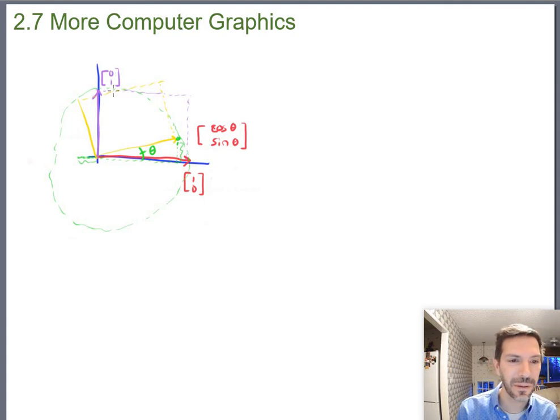So the x coordinate of the purple vector transforms into, and notice it's negative, negative sine of theta. I guess we're going purple here. Sorry, that's the x-coordinate.